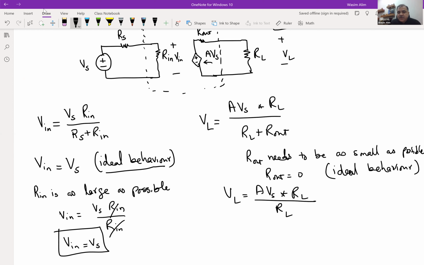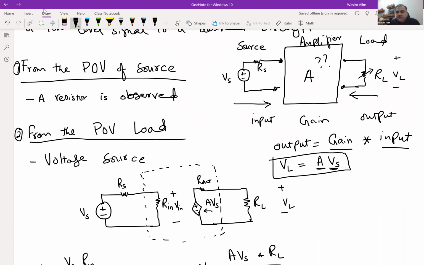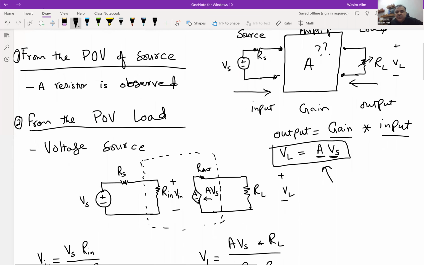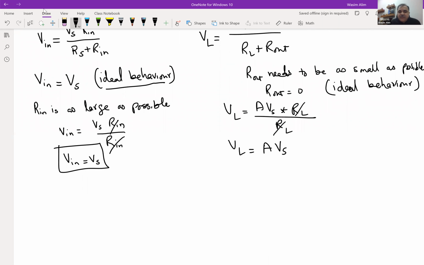Because Rout is 0 now, and then you can cancel this, and we can have VL is equal to A Vs. So that's essentially similar to what this expression is, and that's the ideal behavior of this, right? So this is effectively the largest possible gain without really considering all the resistances.